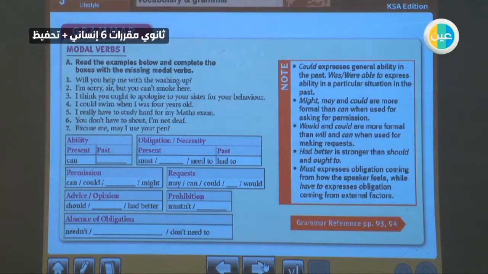Here you will read the examples below and try to guess the meaning of the modal verb. Look at the first sentence. Will you help me with the washing up? As we said yesterday, will is a modal verb to express what? It's a future form, and it expresses what? Yes, request.